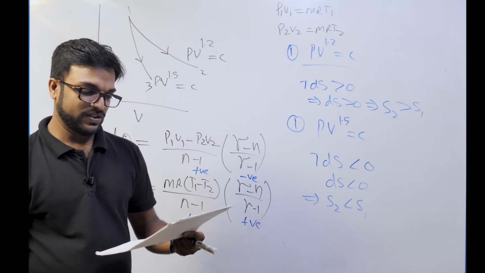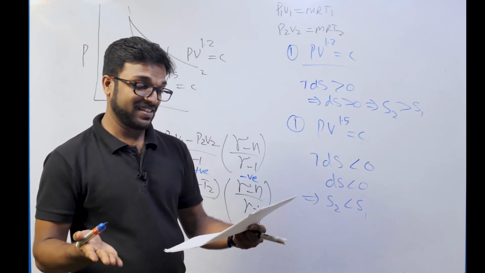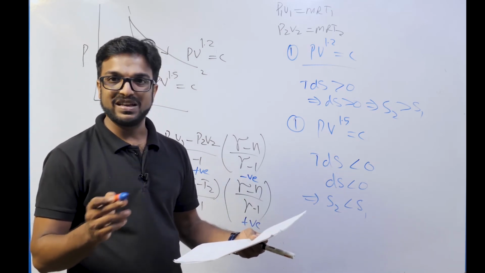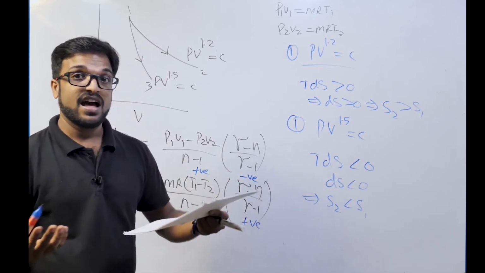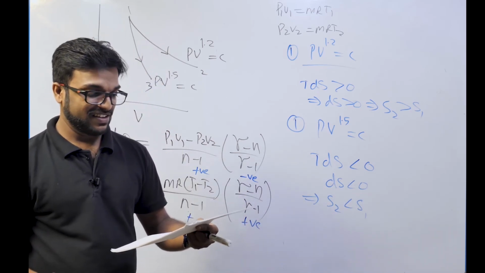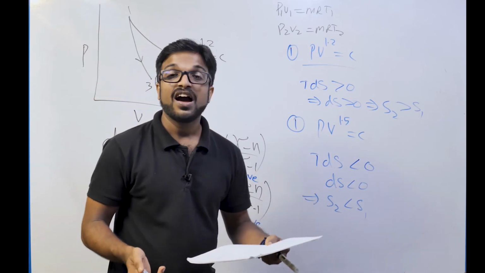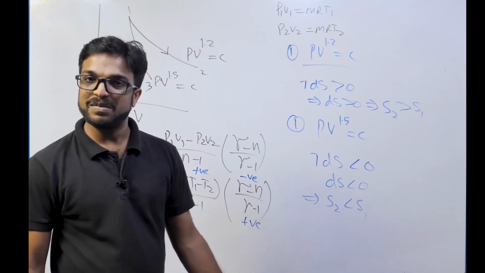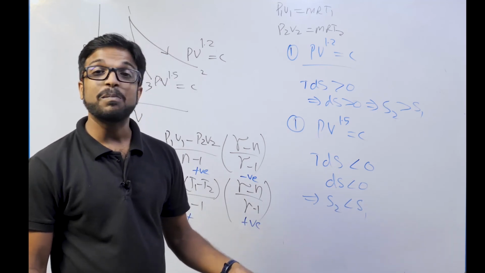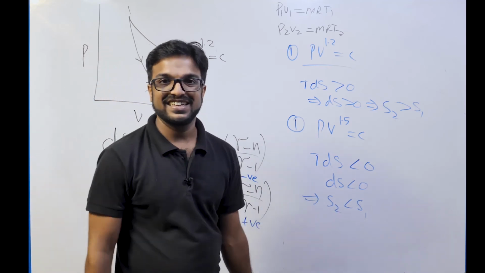Just look at the different options. Look at option B. 1 to 2 process, entropy is increasing, temperature is decreasing, matching with our speculation, right? 1 to 3, entropy is decreasing, temperature is decreasing. So option B is the right answer.